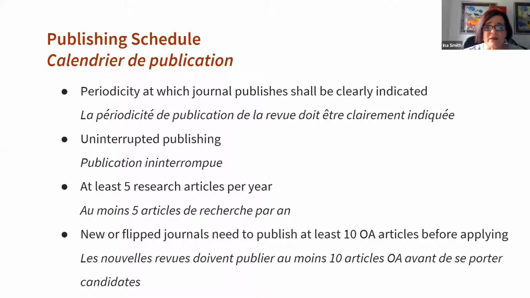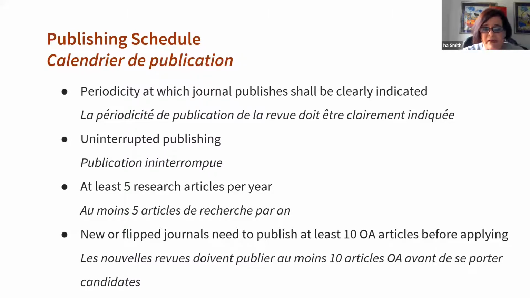The website should also give a clear indication of how frequently it publishes an issue or individual articles. And journals with interrupted publishing will not be considered for inclusion in DOAJ. So you have to publish at least 5 research articles per year in your journal.